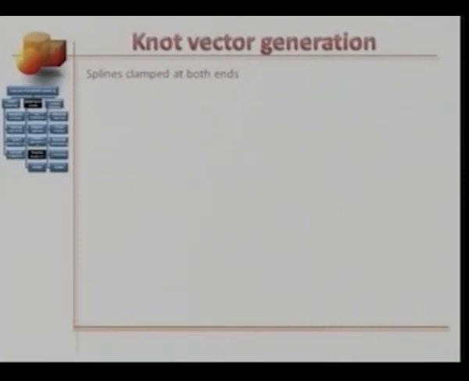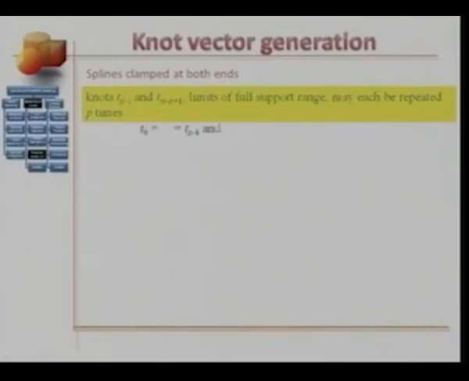Now this one could be a tricky one. Splines clamped at both ends. Now notice that the knots Tp minus 1 and Tm minus p plus 1, which are the limits of the full support range, may each be repeated p times. This would mean that T0 equals T1 equals T2 up till Tp minus 1.